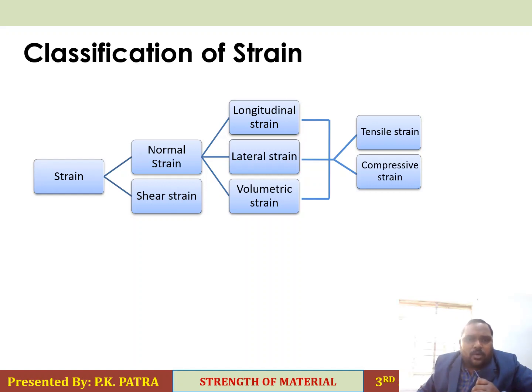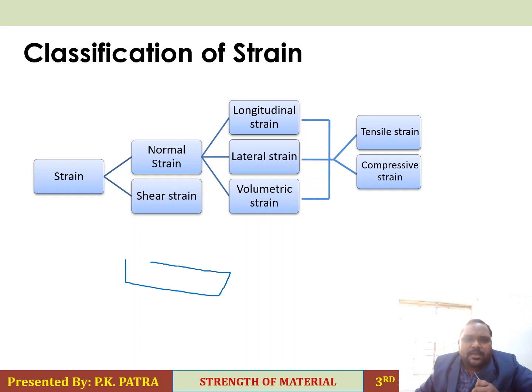If there is normal load acting on the material, then normal stress will develop. Comparison to that, normal strain will develop. So if there is normal load, there is normal stress, then normal strain will develop. And this normal strain may be longitudinal, lateral, and volumetric. What is longitudinal strain?